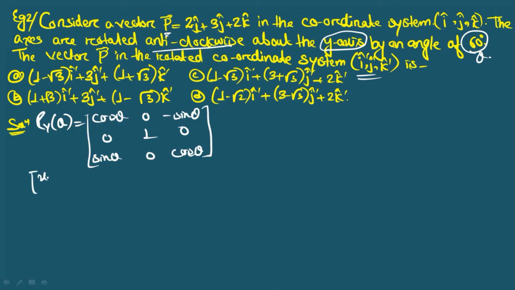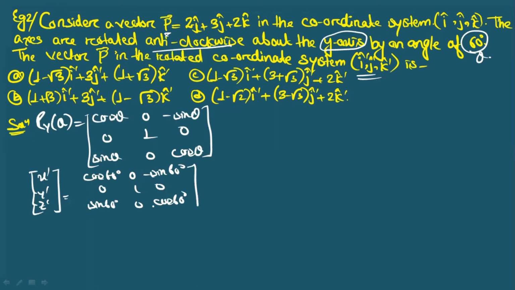So you can write x prime, y prime, z prime equal to cos 60 degree, 0, minus sine 60 degree, 0, 1, 0, sine 60 degree, 0, cos 60 degree. All right, here you will write x, y, z.